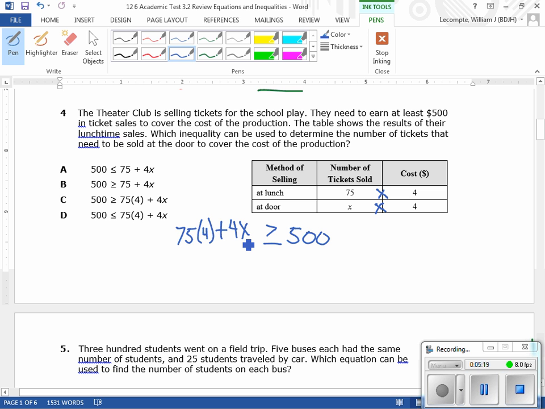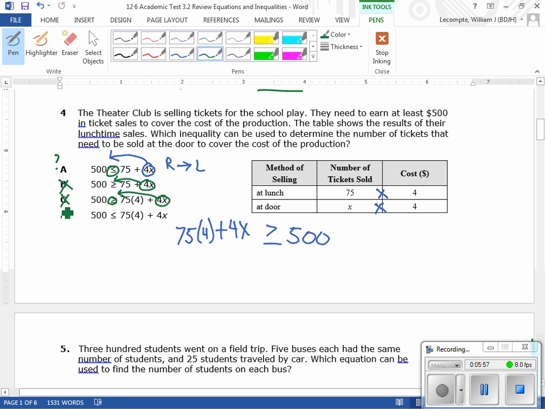Right? Well, the problem with A is we're reading from right to left. And because we're reading from right to left, this symbol actually says greater than, right? Which is good. So I could possibly use A. So we'll put a question mark there. Here we're reading from right to left, and it says less than. Well, I have to be greater than, or at least $500. I could be greater than. And this one says less than, so I won't use that one.